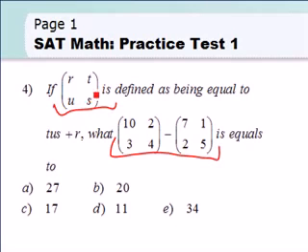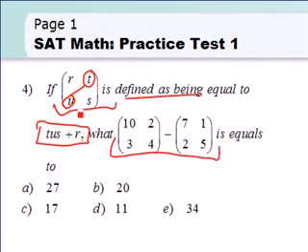Alright, so let's see what this expression is defined by. They give us the formula over here. It is defined by this formula over here. T times U times S plus R. So it's T times U times S and then plus R at the end.